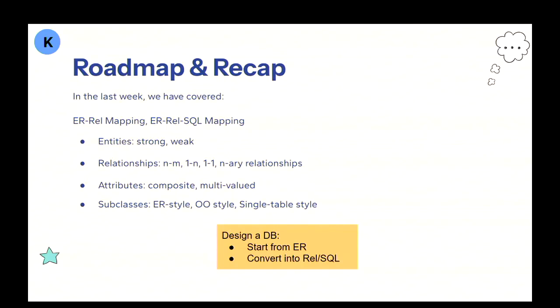What we have learned tells us how to design a database. Normally we start from an ER diagram, and then we convert this ER diagram into a relational model and SQL. That's how we do it in practice.